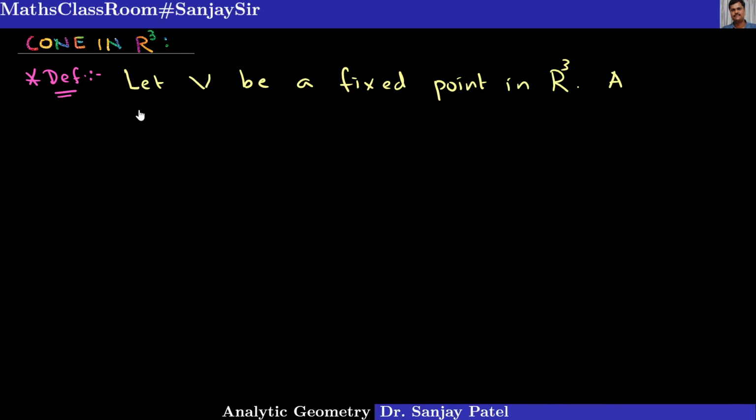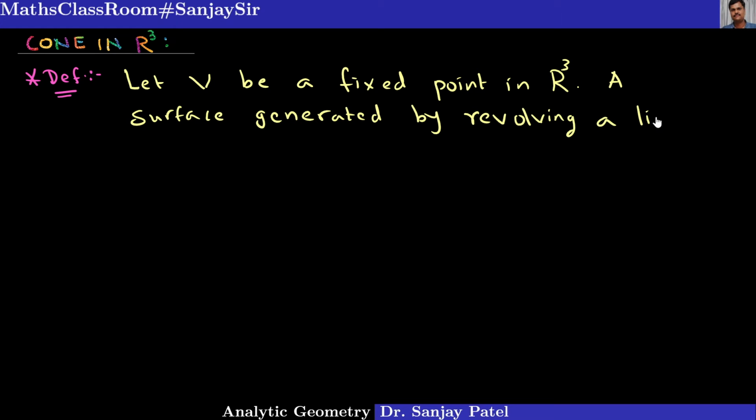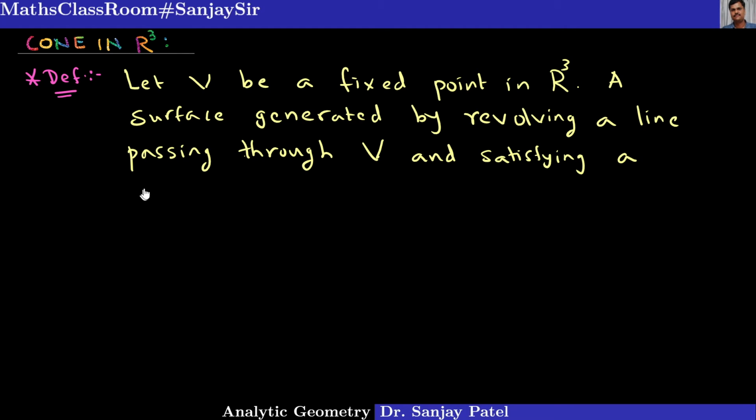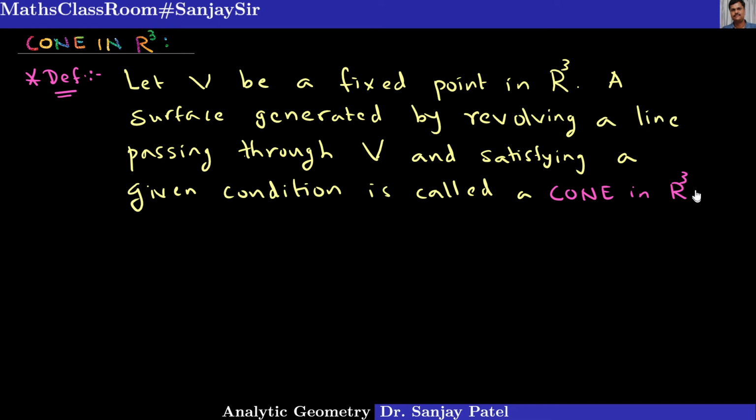Then a surface generated by revolving a line passing through V and satisfying a given condition is called a cone in R3. So this is our definition of cone.